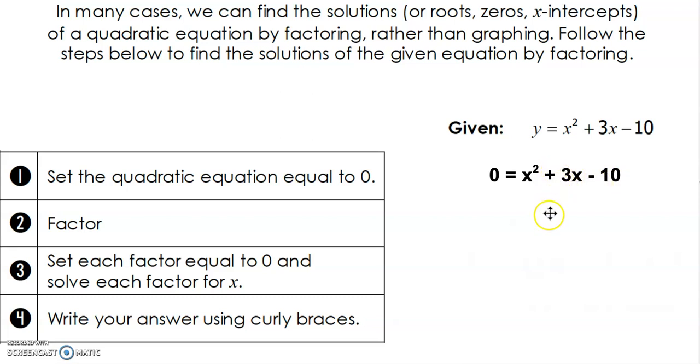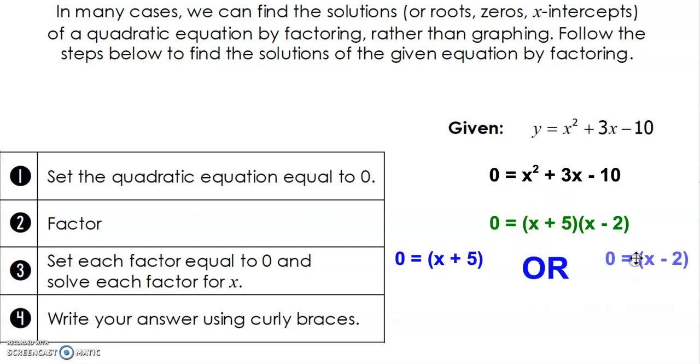Once we factor this, we get 0 equals, and then we have our two factors. Notice that this factor times this factor has to equal 0. So either the first one is 0 or the second one is 0. Those are our options on how to get 0.